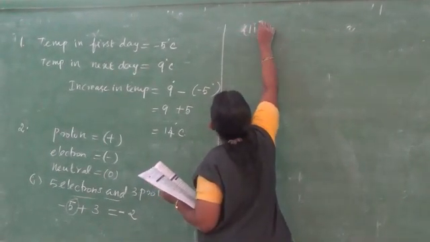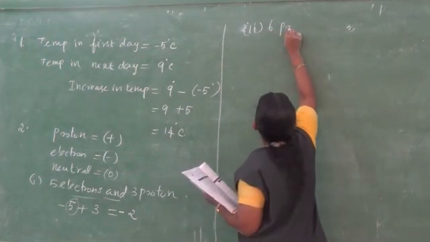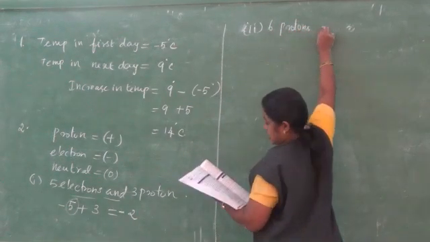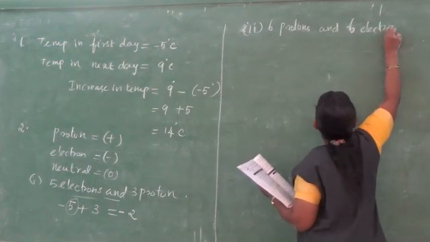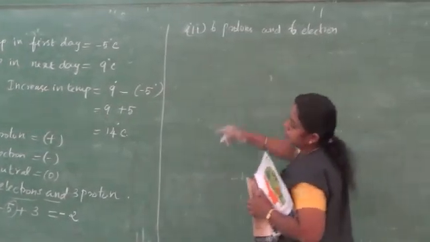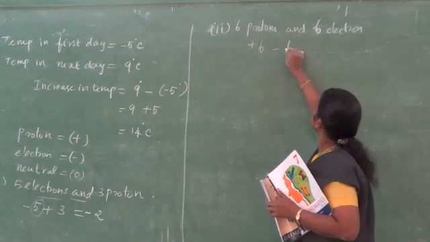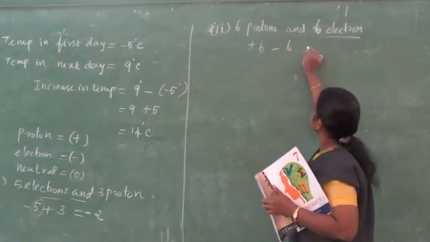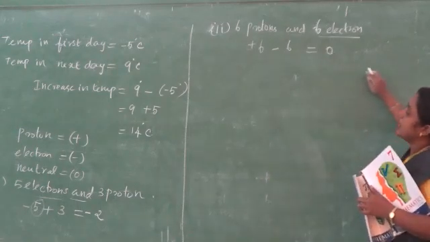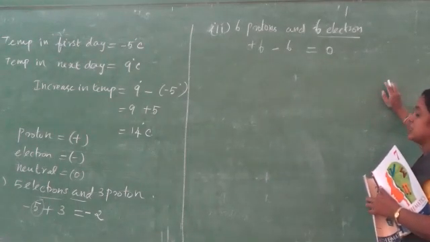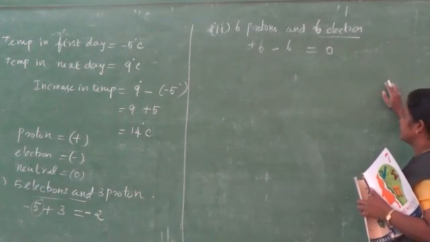Second one. 6 protons and 6 electrons. As I told, protons means positive. So plus 6, and 6 electrons means negative. 6 minus 6, 0. Because the sum of an integer and its additive integer will give 0.